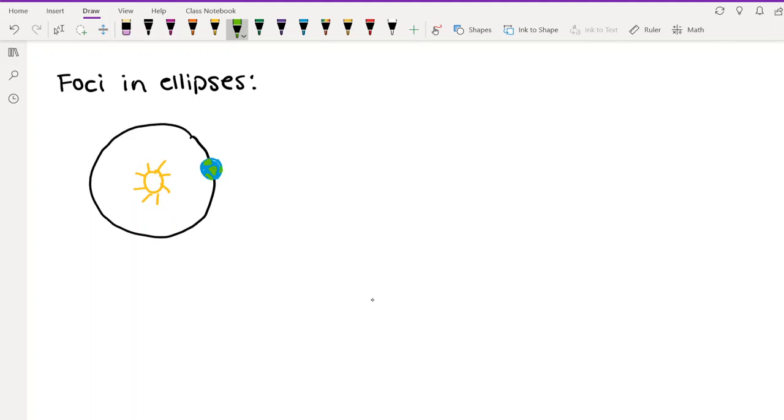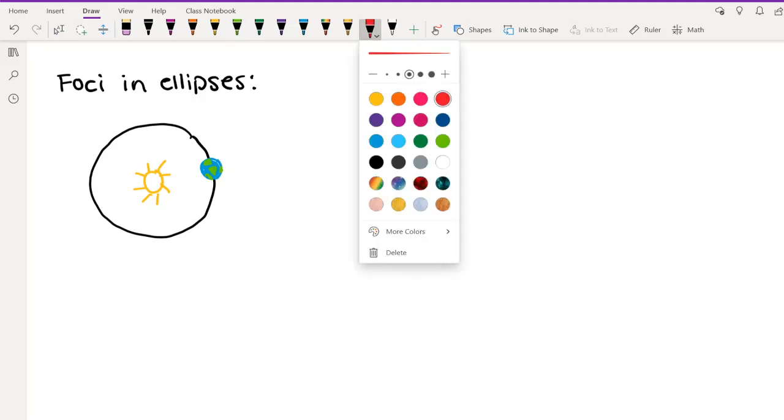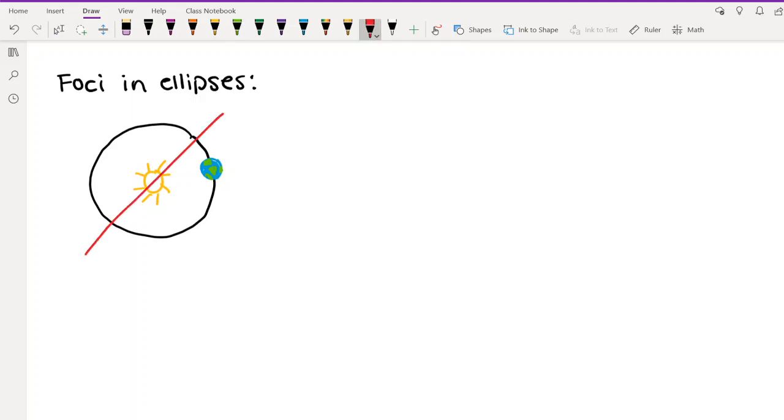There we go. And that's actually what people thought was the case for a long time, that the planets all orbited around the sun in a circular orbit. But it actually turns out that the orbits of the planets are ellipses. And the sun is not at the center of the orbits, it's actually at the foci. So this is actually not what the situation is. It looks more like this.